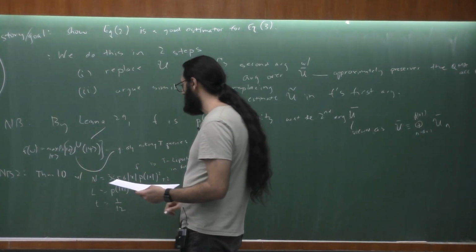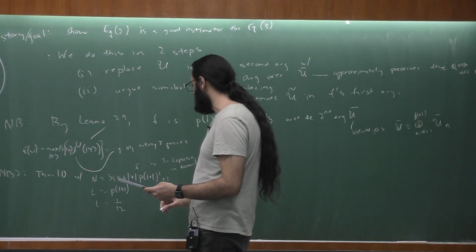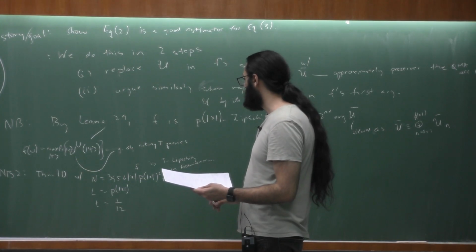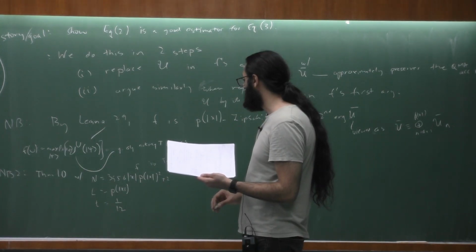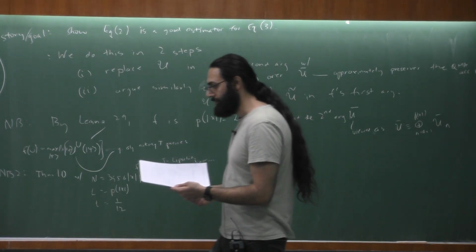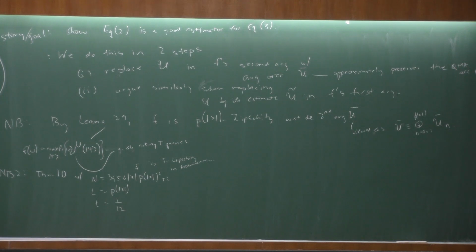Okay, so theorem 10, I suppose, is the one where we were using the Lipschitz property. Let me see if I can pull it out for you. We did it in the beginning, I think. Or is it later? Wait.